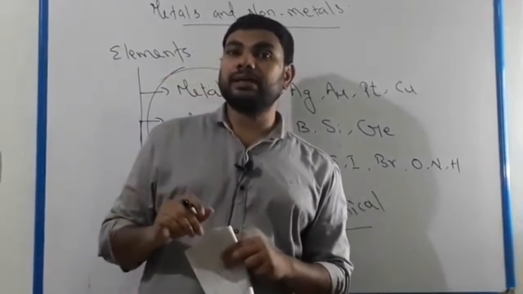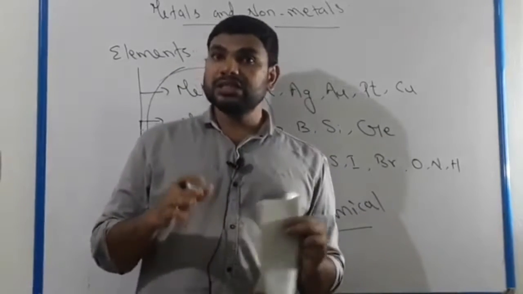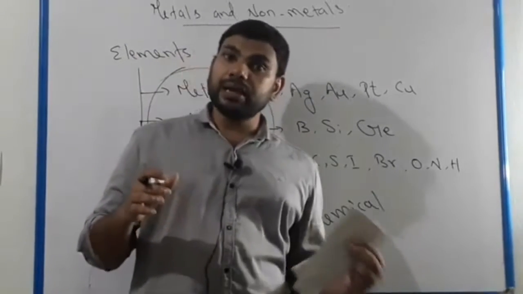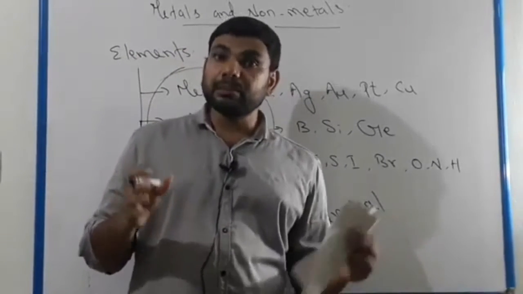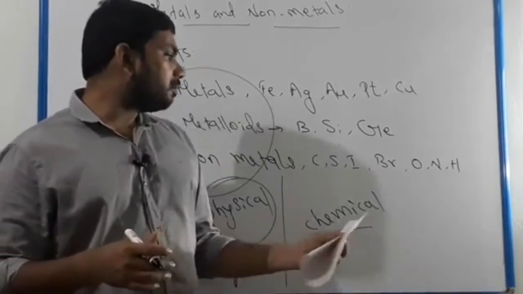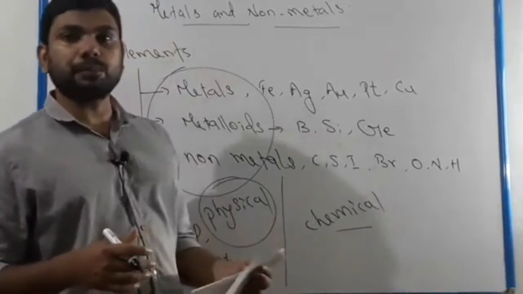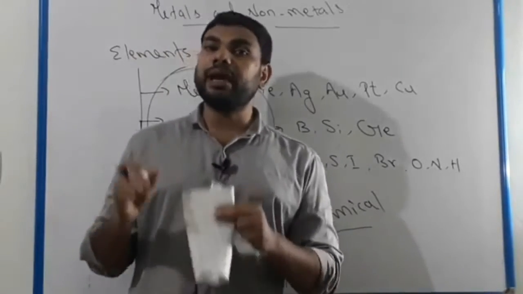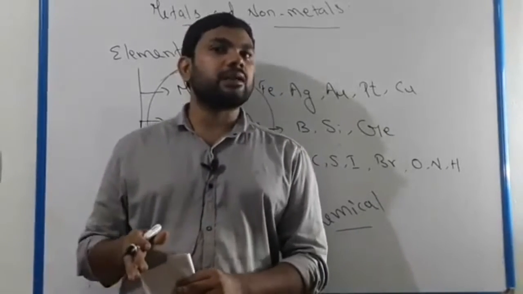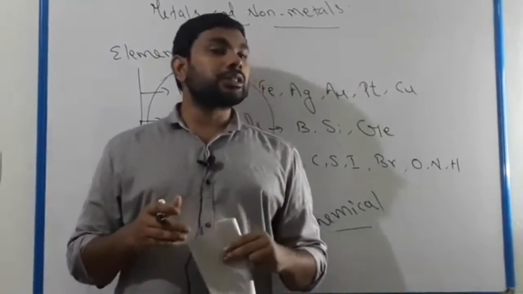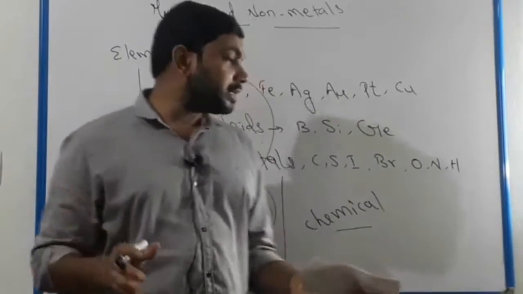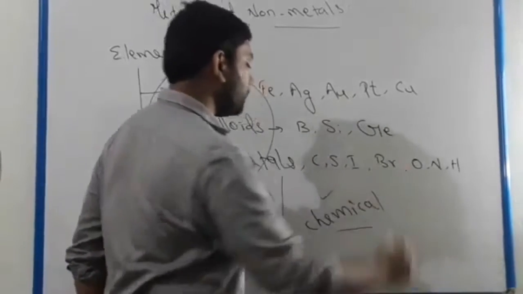But some metals like gold and silver do not react with water. Elements also react with acid and with oxygen. Such properties are called chemical properties.